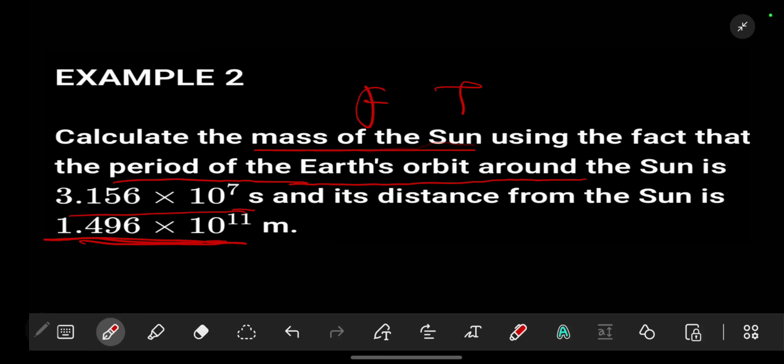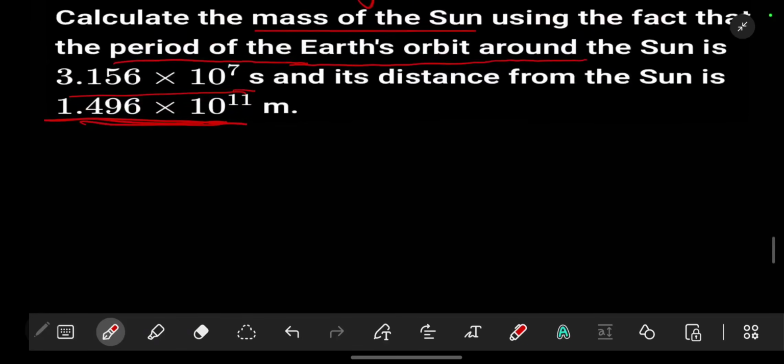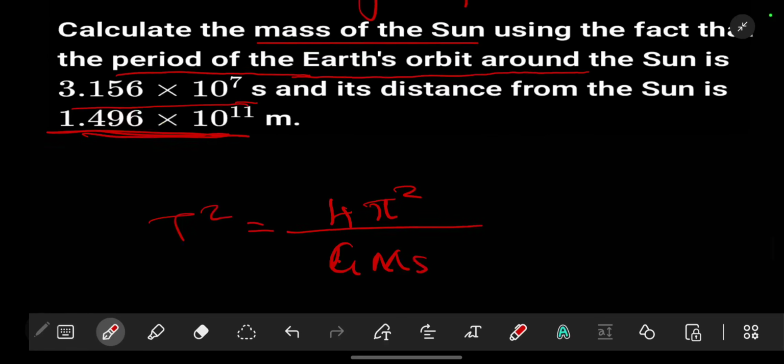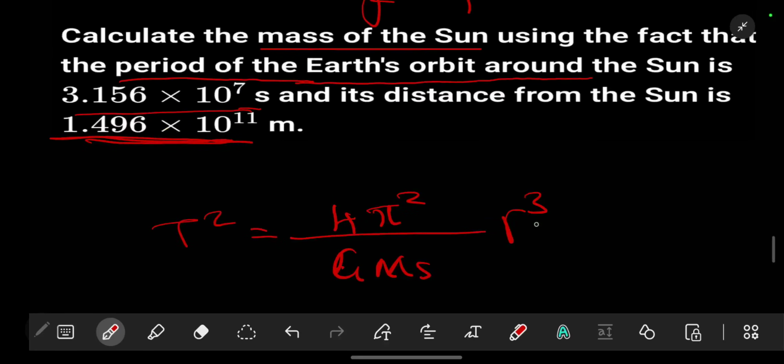Now remember, the Sun is the bigger one, so it is the one that will be orbited. So using Kepler's law, T squared is equal to, since it is the Sun being orbited, give me 4 pi's. So 4 pi's, then you have r cubed.